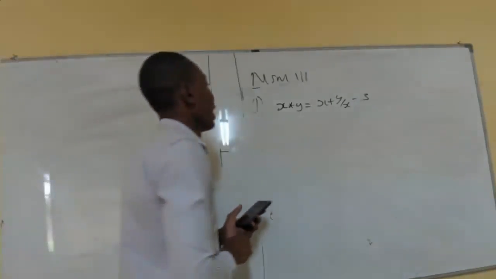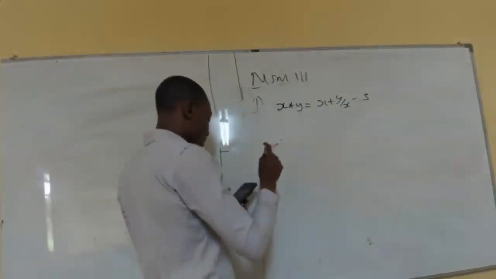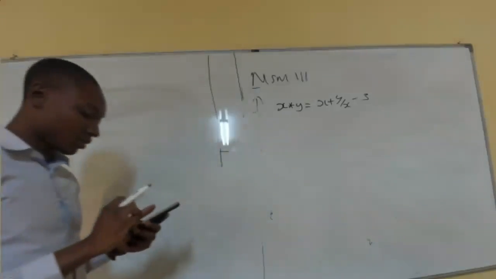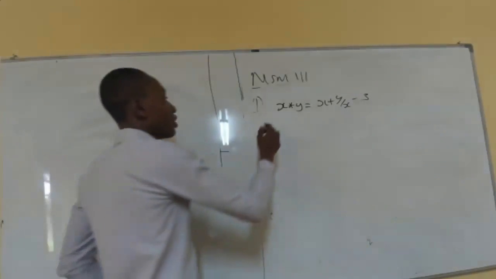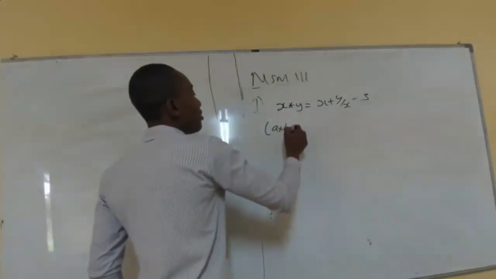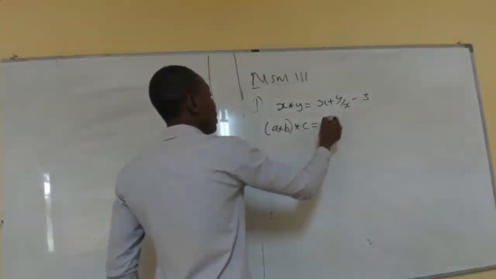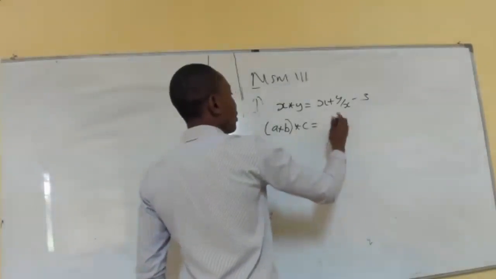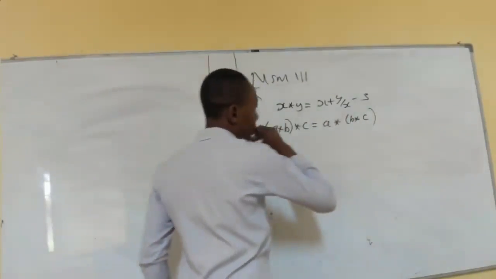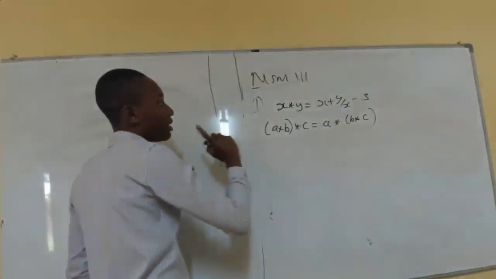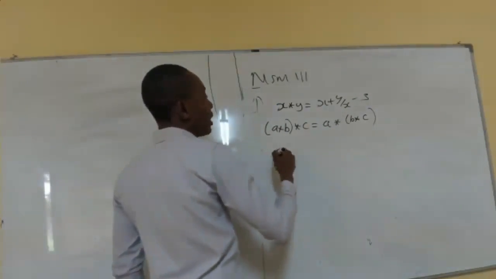In short, what they are asking you is, is star associative? So meaning that A star (B star C) should be the same as if you started with (A star B) star C. Right? So let's just consider one side. Maybe we start with the right hand side.